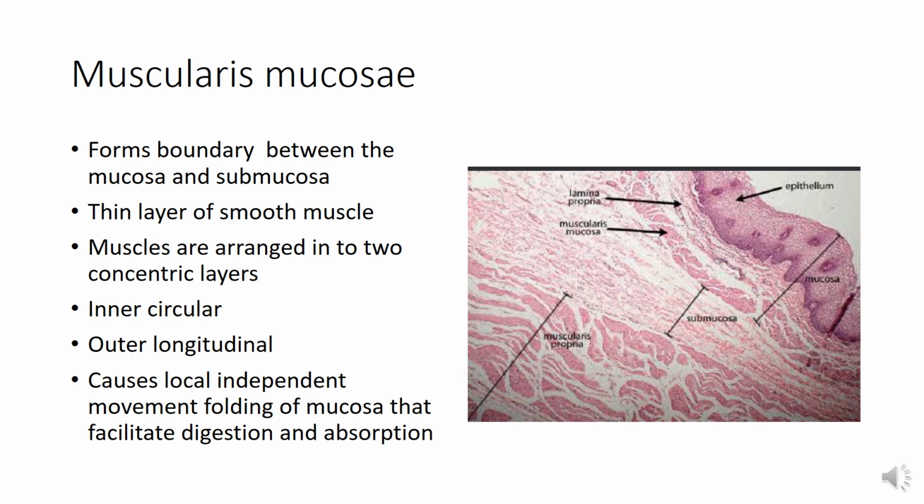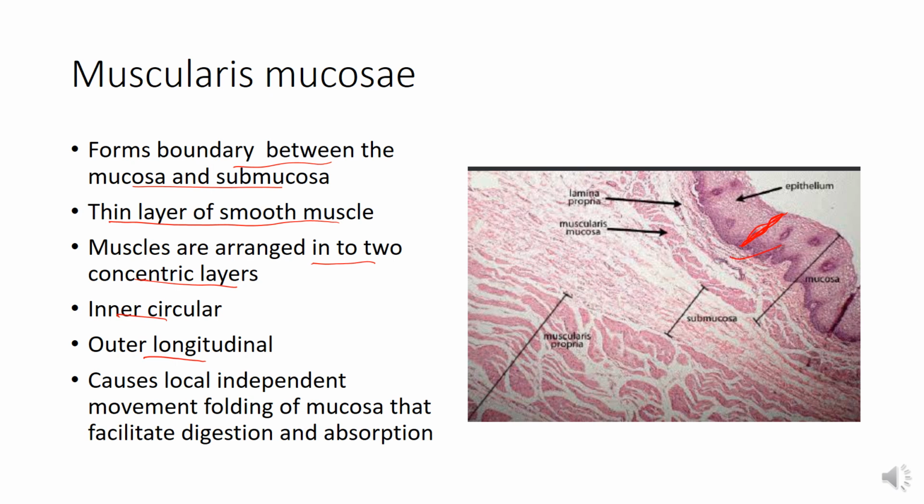So the next layer is the muscularis mucosae. It forms the boundary between the mucosa and submucosa. This always consists of a thin layer of smooth muscle, and this can be arranged into two concentric layers, inner circular and outer longitudinal. Now here is the histological section of the esophagus, and you can see here the epithelium, stratified squamous non-keratinized epithelium.